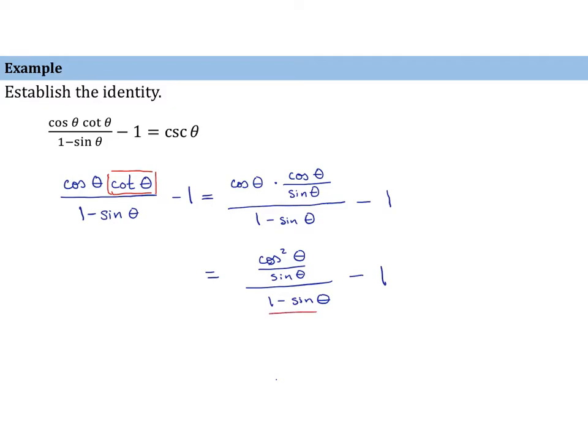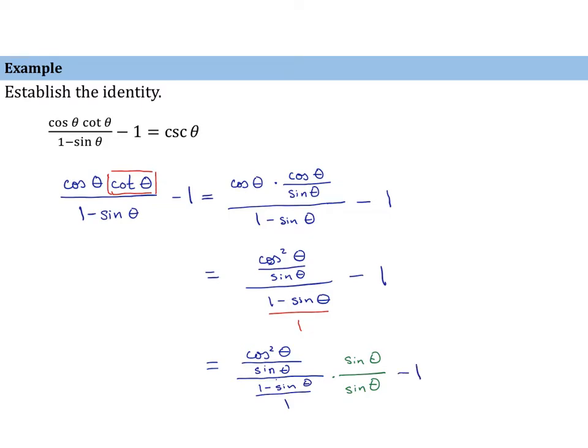So let's put this over 1. And now, whenever we want to simplify a compound fraction, what we can do is we can multiply the numerator and the denominator by the same quantity, the LCD. So let's multiply the numerator by sine of theta and the denominator by sine of theta.